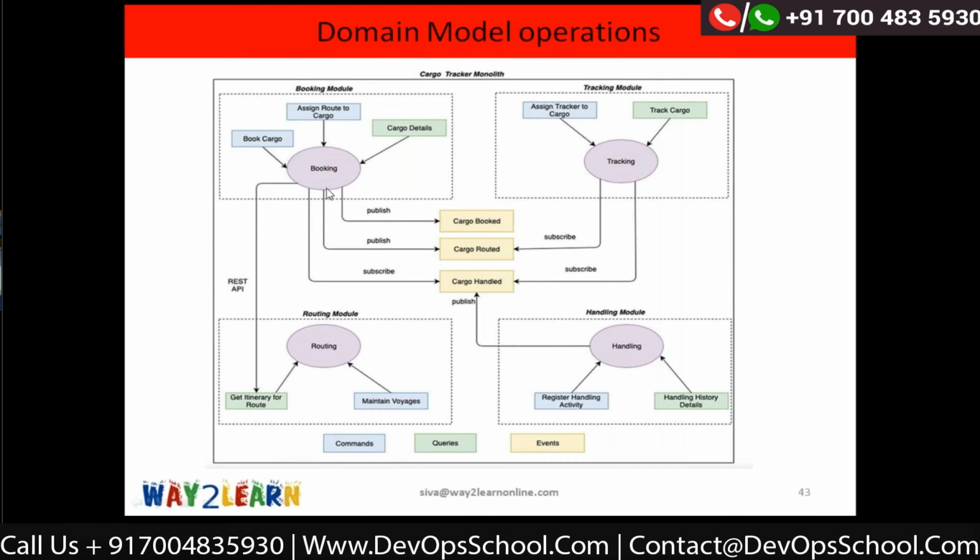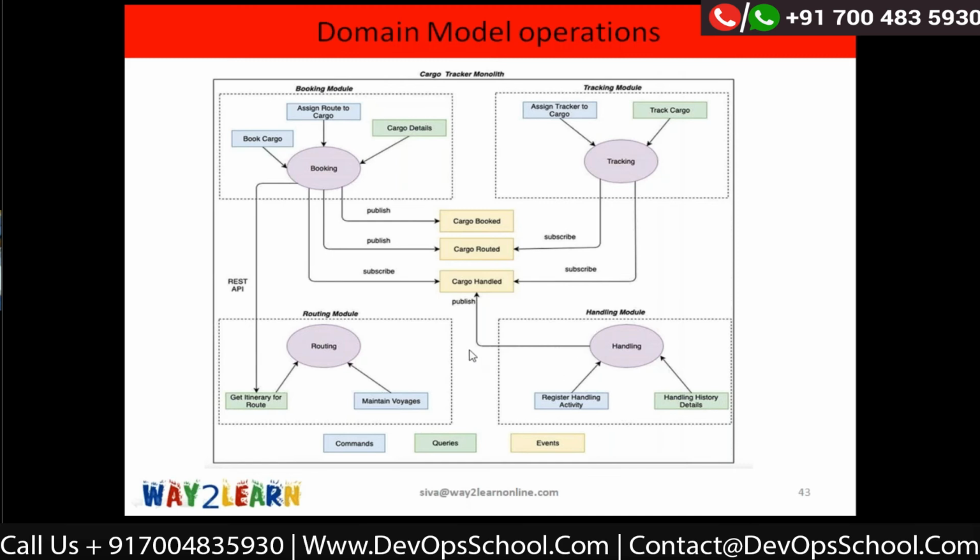So here we are using messaging for communication between the booking module and the tracking module. And whenever somebody wants to view or track the cargo, that is the query operation, right? Similarly, here in the handling module, these are the commands and queries. So whenever cargo is handled, that means loaded or unloaded, what will happen?